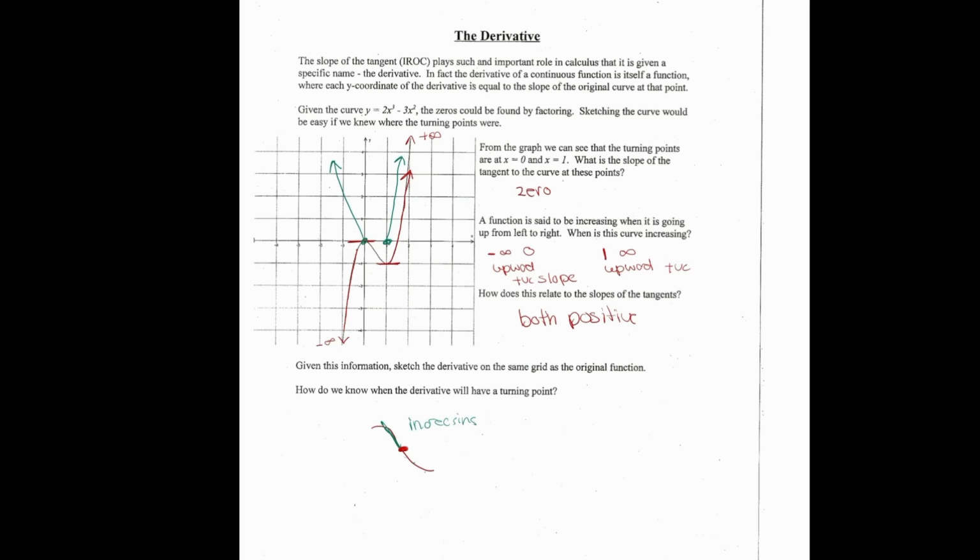And down here, if I draw my tangent, my slope is decreasing. And if you remember, we called that point the minimum instantaneous rate of change, and that is actually where the turning point of the derivative is going to be. It is going to relate to that inflection point right here. So we are going to have a turning point on our graph that relates to that inflection point.